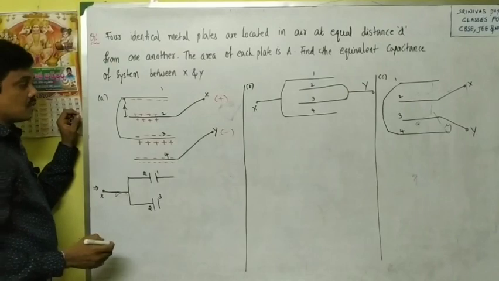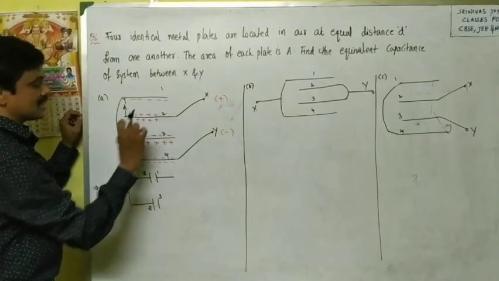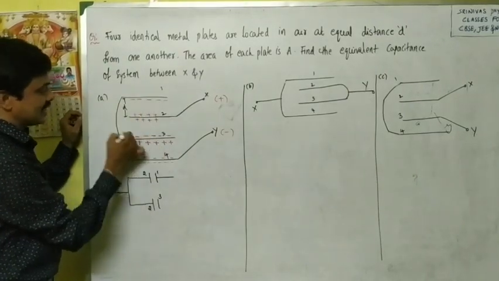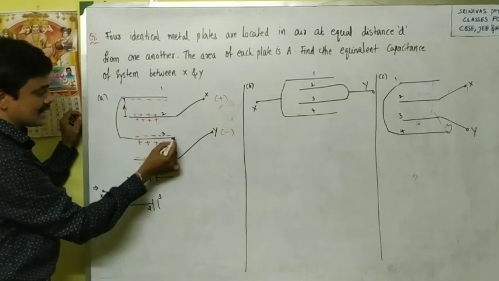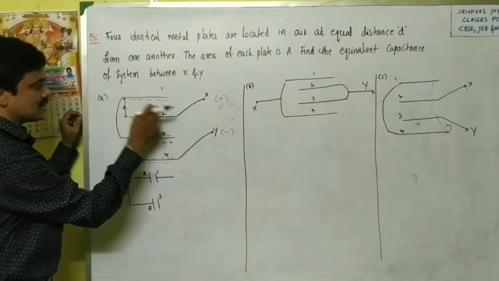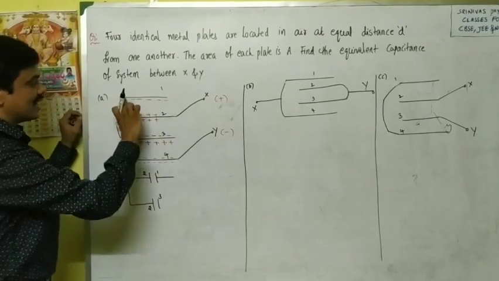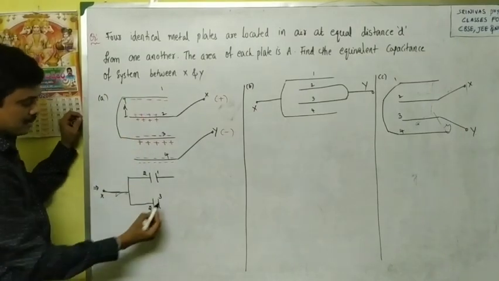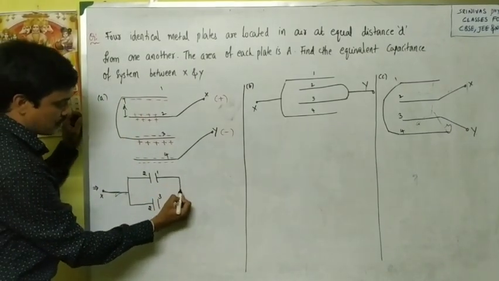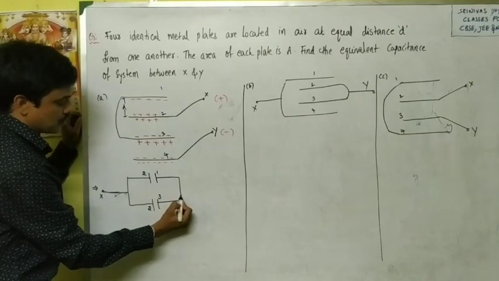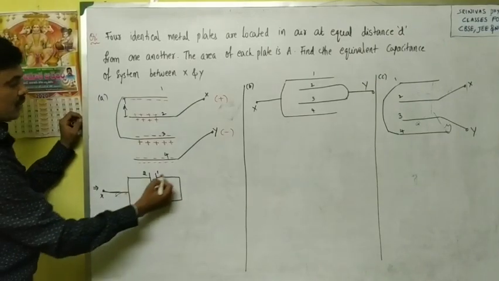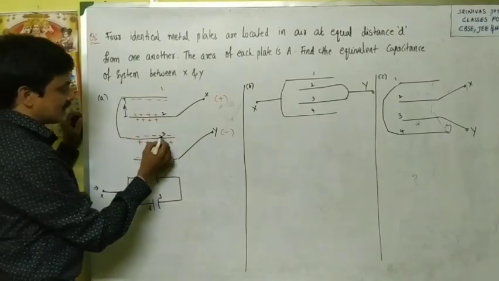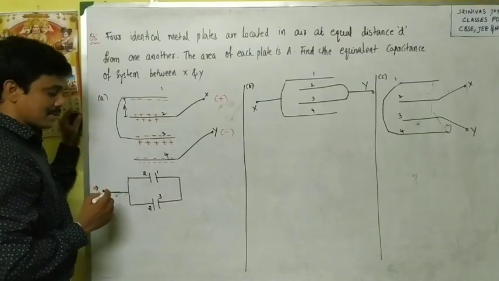Then after that, when these two capacitors are completed, 1 and 3 are connected with a wire. This is plate 1 and this is plate 3. There are 4 plates, 1 2 3 4, but plates 1 and 3 are connected with a wire. Then after that, 3 and 4 will act as another capacitor.